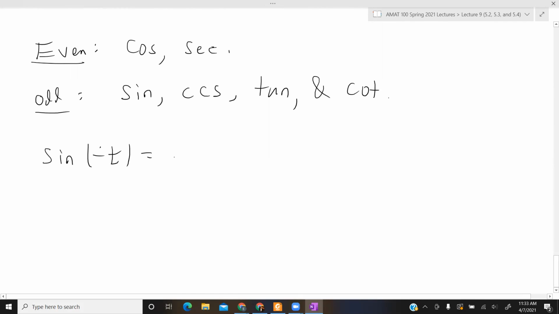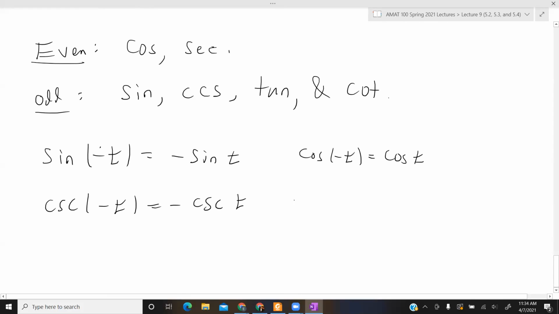So we have the following table. Sine of negative t is equal to negative sine of t. Cosecant of negative t is equal to negative cosecant of t. Cosine of negative t is just cosine of t. Secant of negative t is just secant of t.